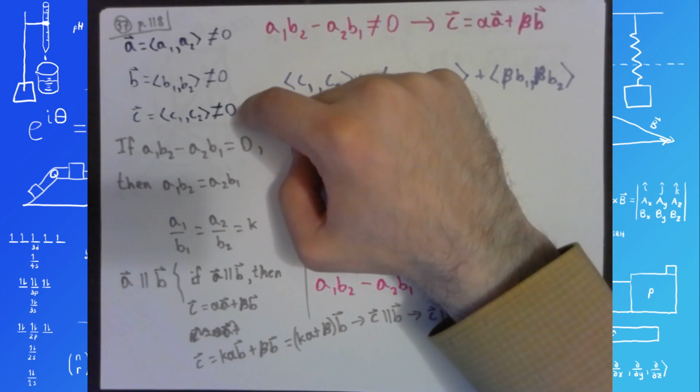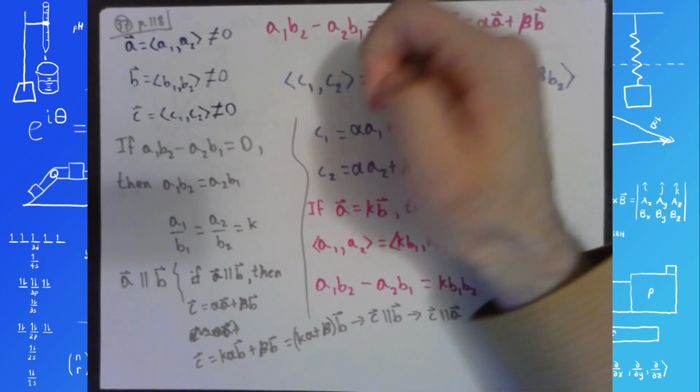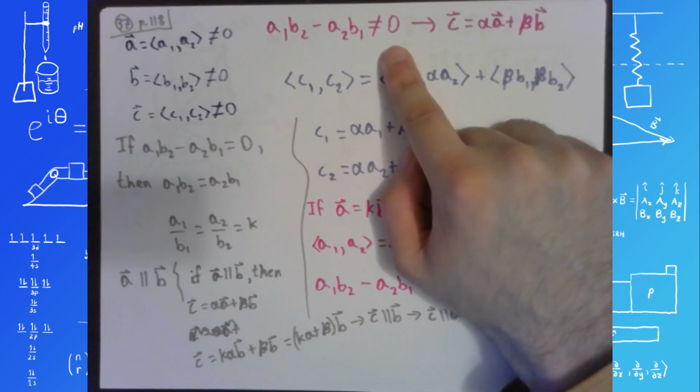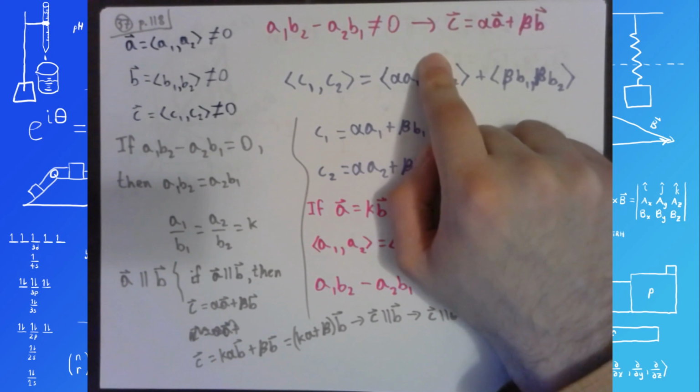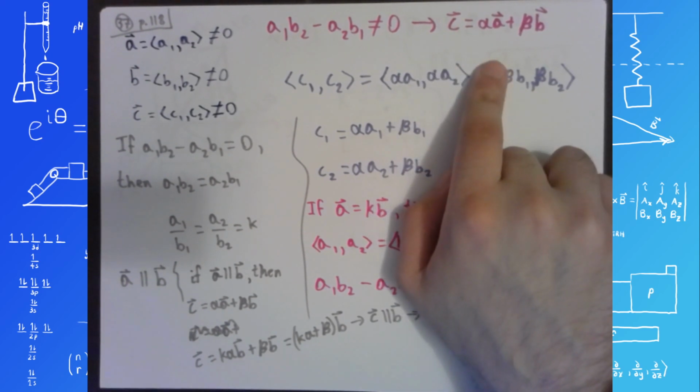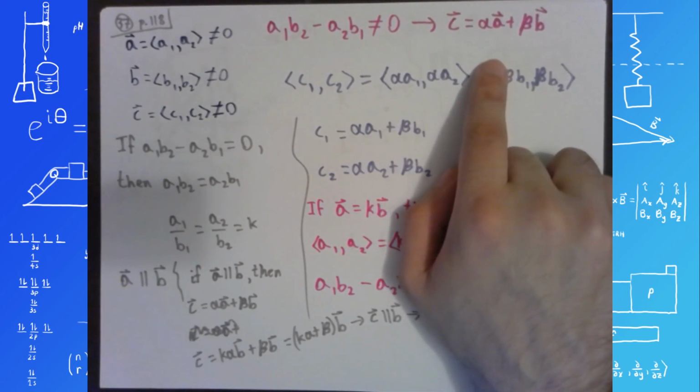If A1b2 minus A2b1 does not equal 0, then show that there are two scalars, alpha and beta, such that C is equal to alpha A plus beta B.